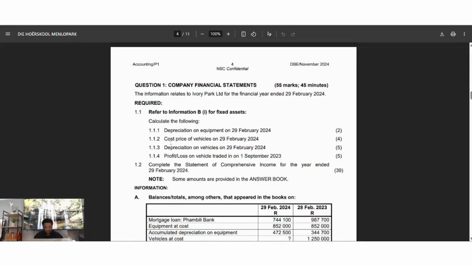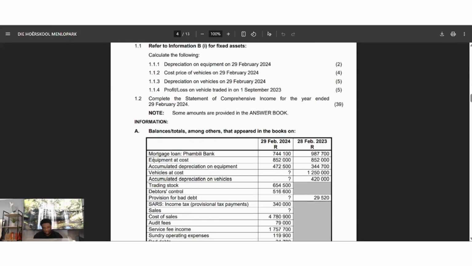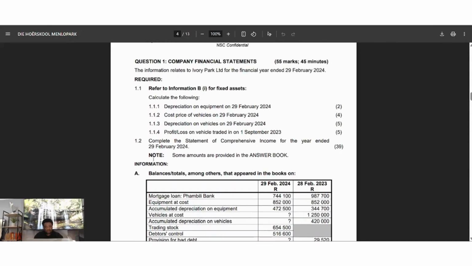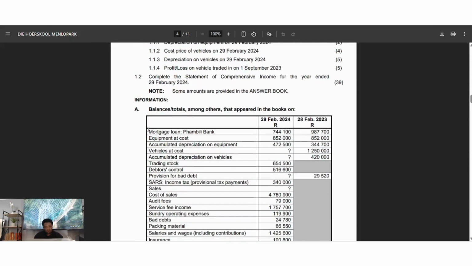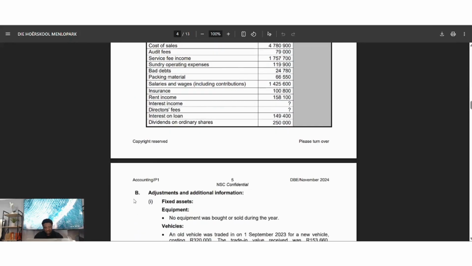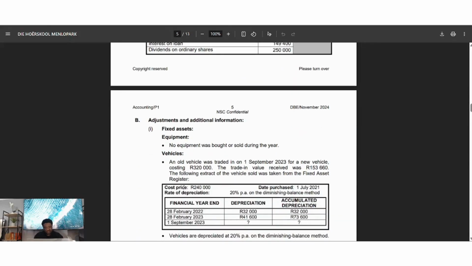The first thing that you need to do is to calculate depreciation, and that is for 2 marks. So I expect it to be easy to calculate because it's only 2 marks. Let's see the information that's given here. We have these balances, and then we have this information BI, which is on fixed assets.